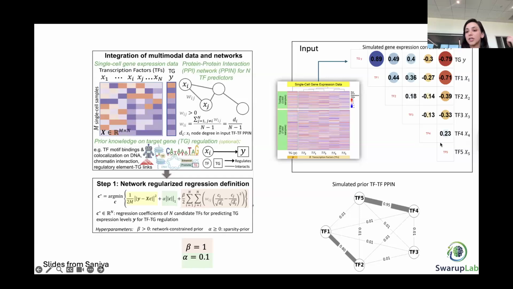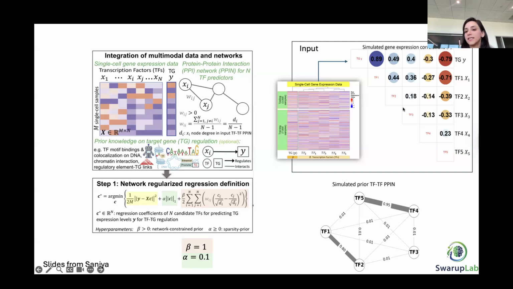You can see that transcription factor 5, if you take the absolute value, is highly correlated with the expression of target gene Y. And we already know that transcription factor 5 is connected with other transcription factors. If we don't see the network on the bottom and we only look at the correlations based on just the gene expression values, we can see TF3 is slightly higher in correlation compared to TF4 with target gene Y.